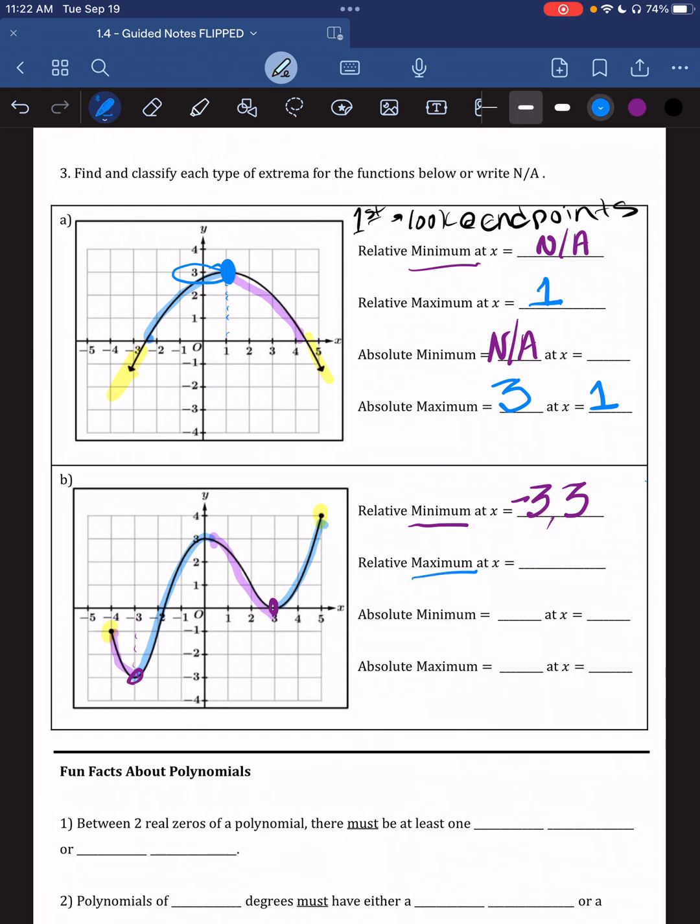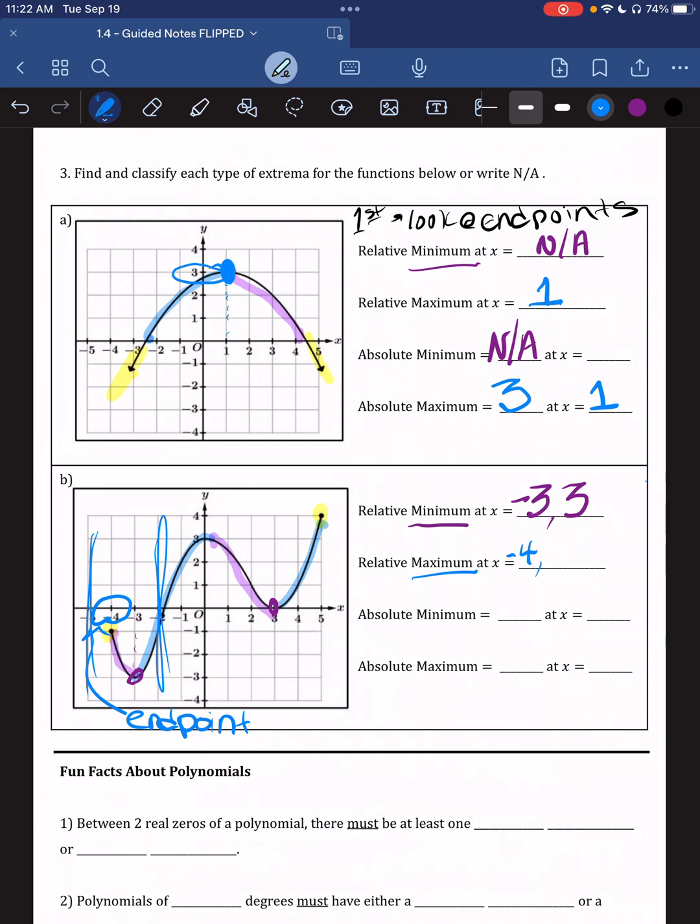Okay, now let's look at our maximums. Looking at this section of graph right here, there is a relative maximum for that area at x equals -4 because that is an endpoint. So remember, we have to consider endpoints when looking here. If we continue on, where is it increasing and then decreasing?